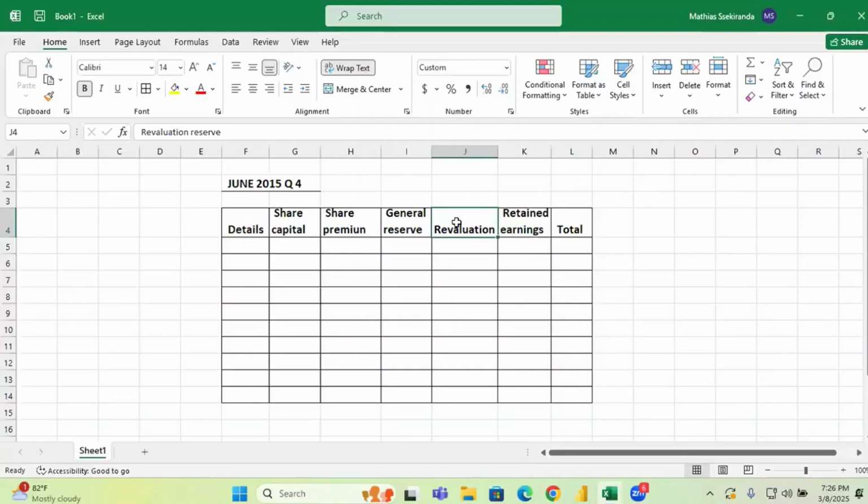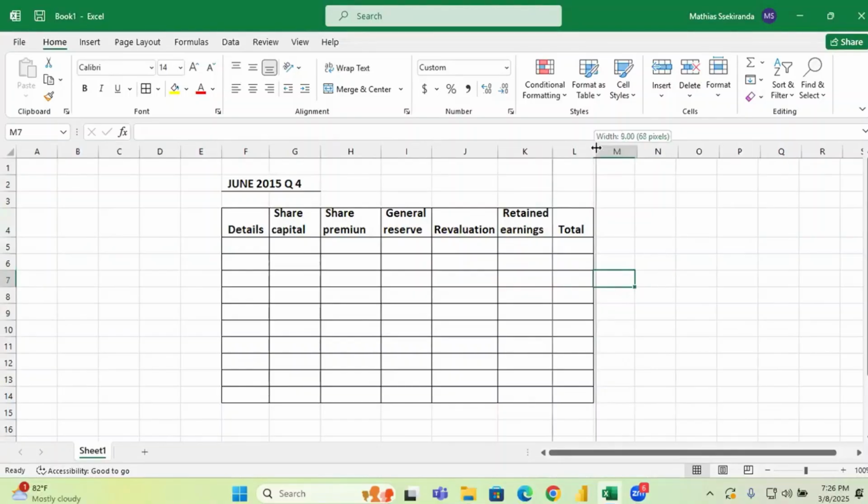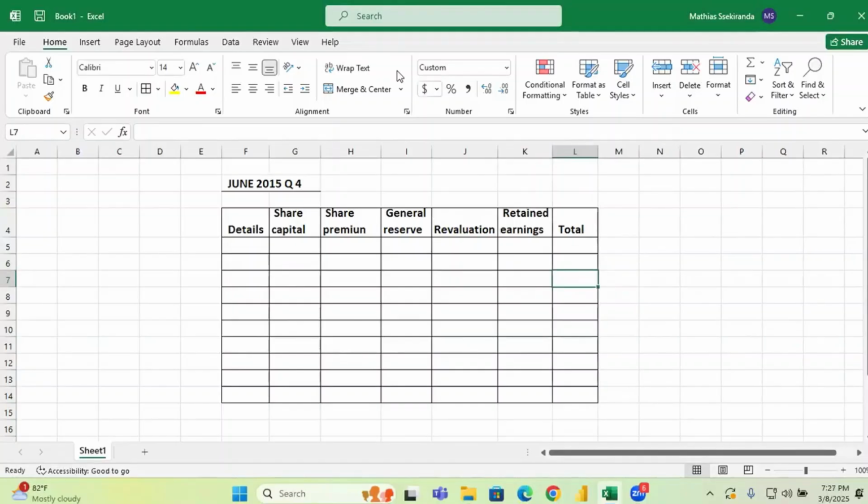In case we want to acquire assets, we go to that reserve and pick money, we acquire assets. So you can have as many reserves as you can, as long as you introduce them when you've made a profit. Some entities have a tendency of introducing reserves even if they are making losses, which does not add up, because it is from the profit that you reserve some money for future use.